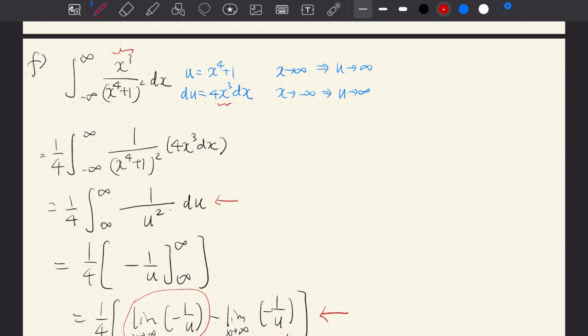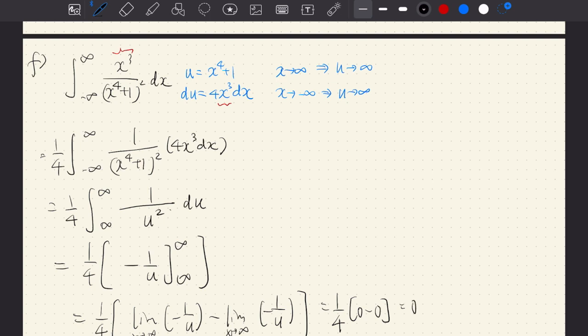So we have to check if these two limits, although they look the same, exist. Fortunately, both exist, because when x goes to infinity, 1 over u goes to 0, so negative 1 over u also goes to 0. So this is equal to 1/4 times 0 minus 0, which is 0.